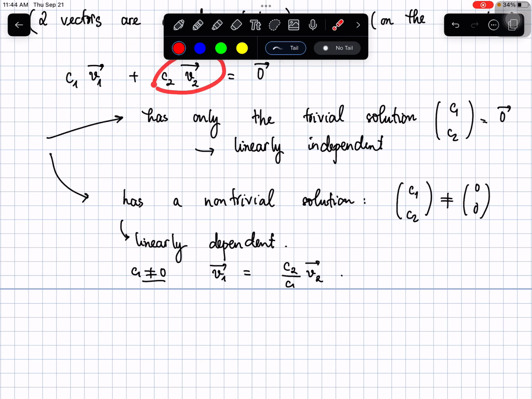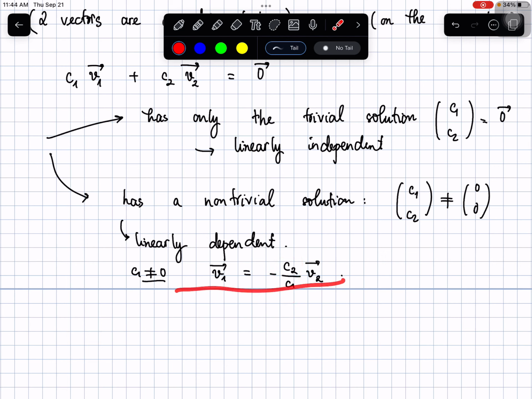So C1 V1 equals minus C2 V2, right? V1 equals this one over C1, so minus C2 over C1 times V2. So that means that this vector V1 is a scalar times V2, right?